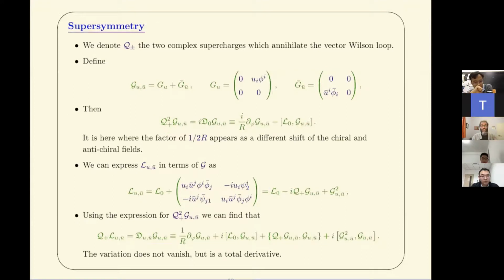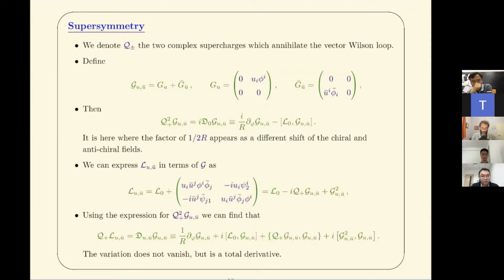Now, I said that we started with a vector Wilson loop, which is supersymmetric. So I combine its supercharges into a pair Q plus minus, and here I'm using Q plus squared, and it's a combination that is non-trivial. And just on the level of algebra, you can see that Q plus squared will close into a rotation.